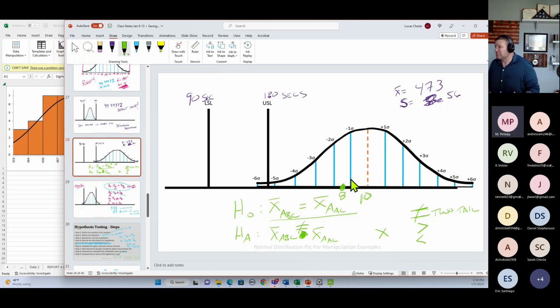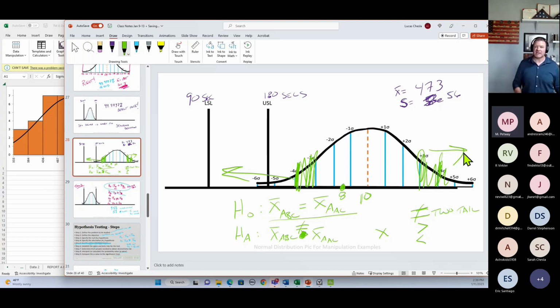What I'm asking is, is that data higher or lower? Doesn't matter. Is it equal to 10? Is the difference between 8 and 10 just random chance? Is it noise? When we run the test, I don't care if it's higher or lower. I can reject it if it's lower, and I can reject it if it's higher. Either way, I'll reject it on either side, if it's more extreme high or more extreme low. That's a two-tail.